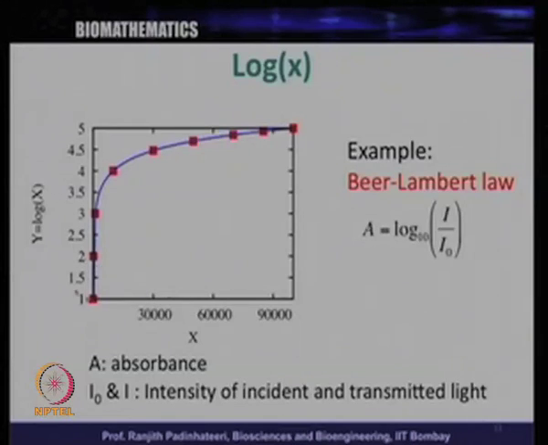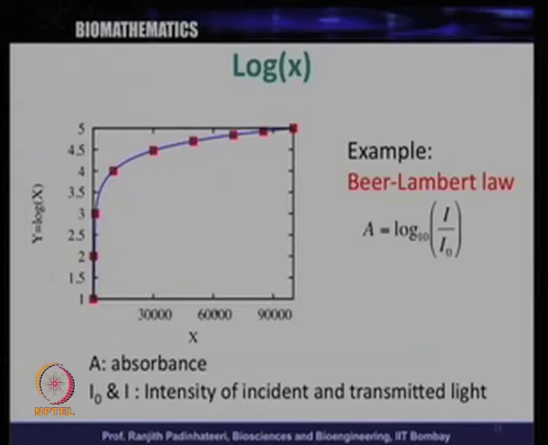One interesting thing you should note here is that if you look at the values in the x axis, it is like 1, 30,000, 60,000, 90,000. So, these are huge values, but the corresponding y value is 3, 4, 5. So, if you calculate the log of huge values, you get a small value, which is true.